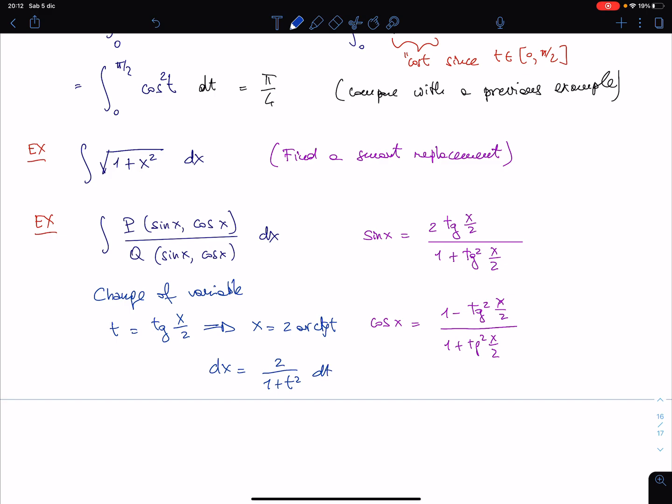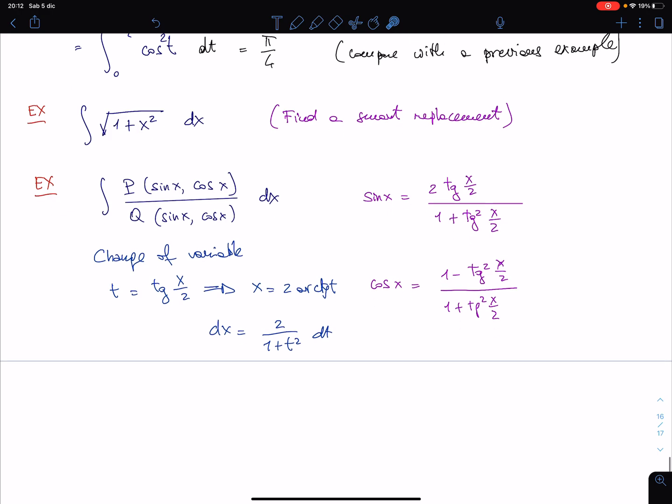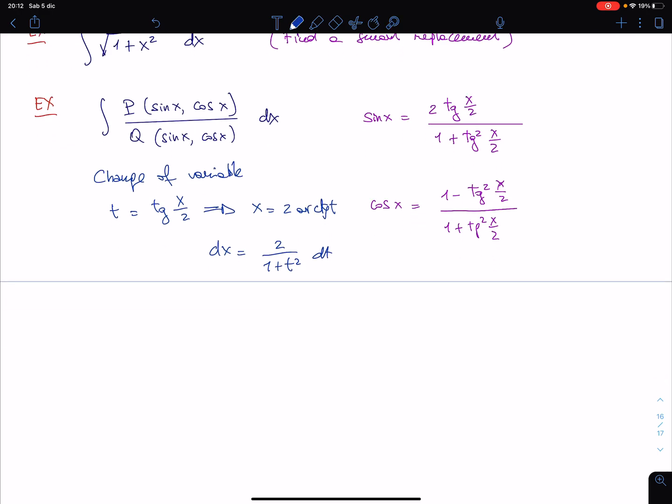And what happens is that this becomes a polynomial, a ratio of polynomials. And so the integral is therefore turned into the following integral.